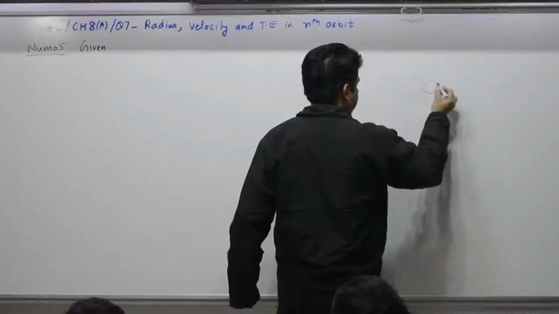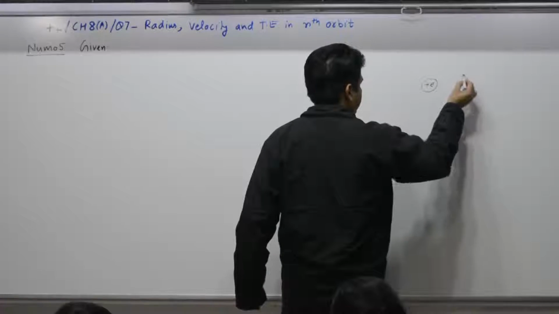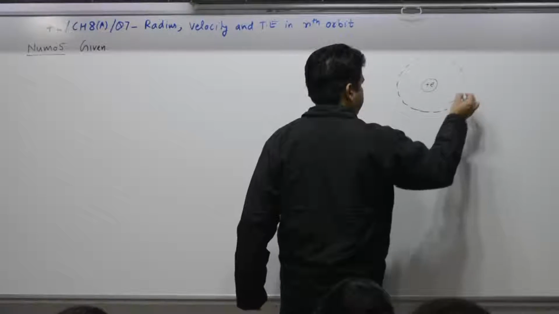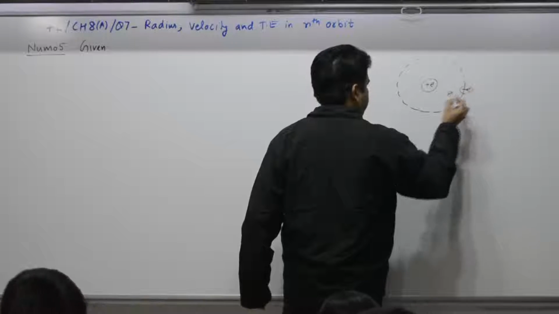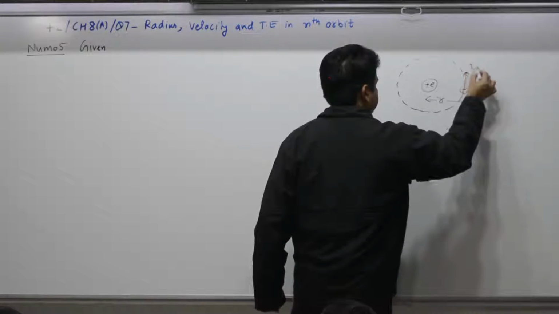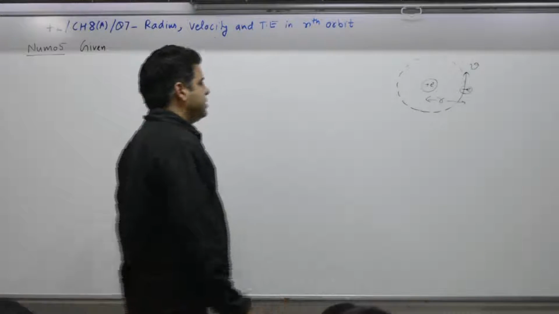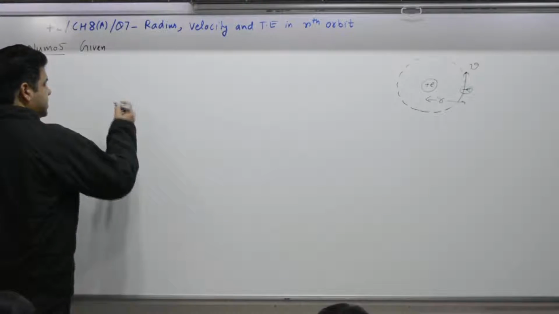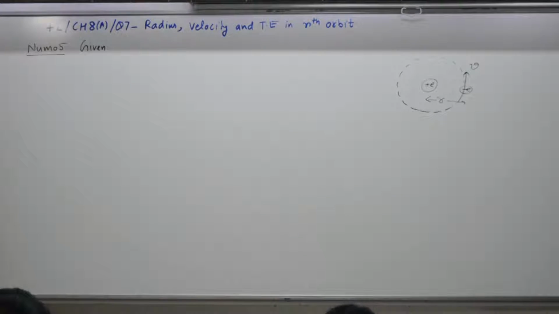There is an electron moving around the nucleus. Radius r, speed v. Given is what? Yes, in sequence. First part is what? Mass of the electron is given.